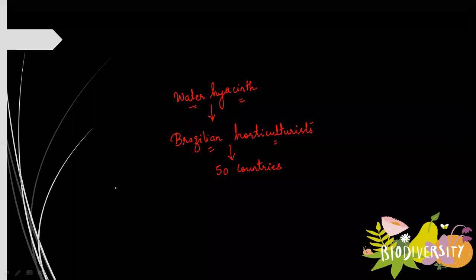Overexploitation. Very good, Elvina. Then the third one, which we were just discussing, was alien species invasion. Very good, Ranjita. And now we will learn more about co-extinction.